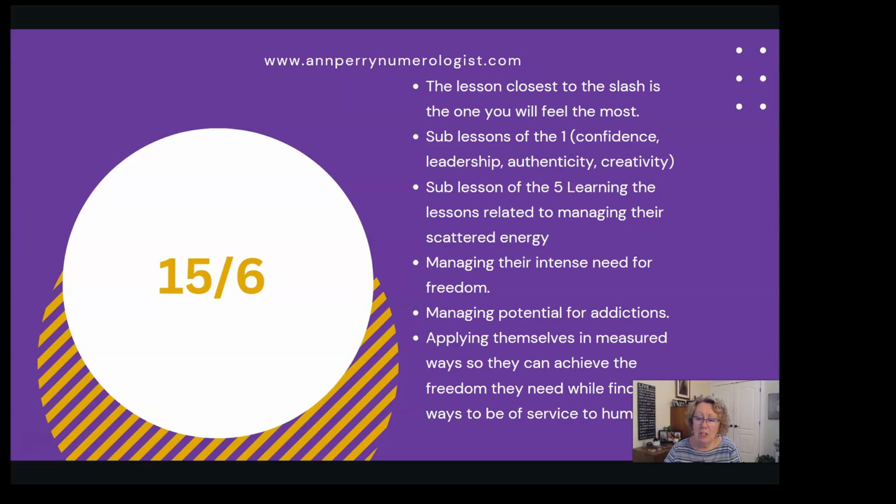So the 5 has a huge need for their freedom. So they have to learn how to manage that. The 5 has a tendency to have addictive behavior, so managing the potential for that. Applying yourself in measured ways so that you can achieve the freedom that you want while finding ways to be of service to humanity. That's basically what the 15-6 is all about.